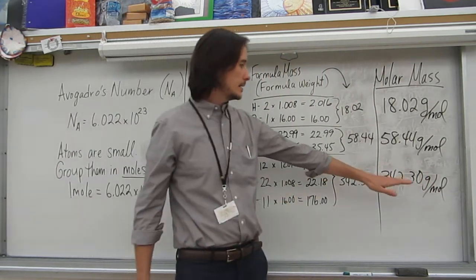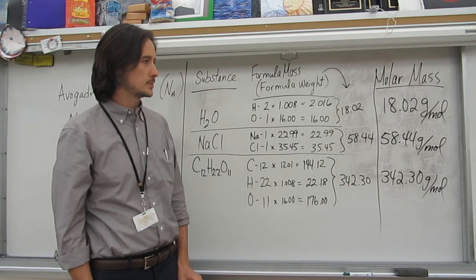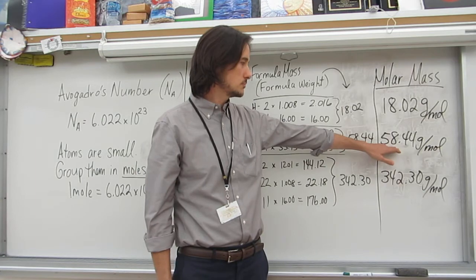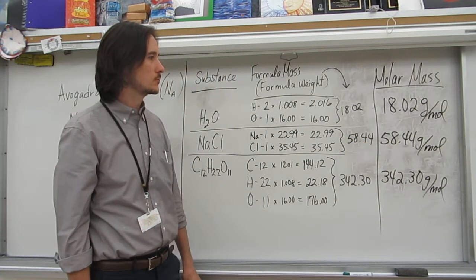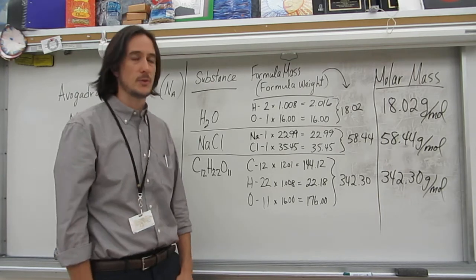And for sucrose, we have 342.30 grams per mole, and salt, we have 58.44 grams per mole. That's finding molar mass.